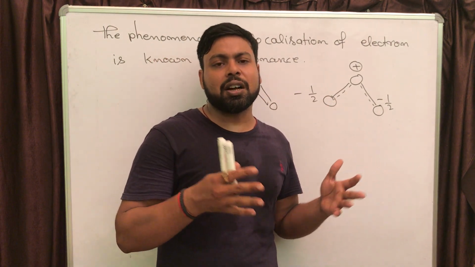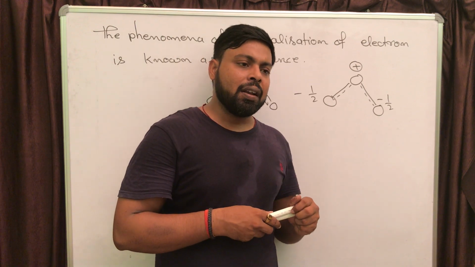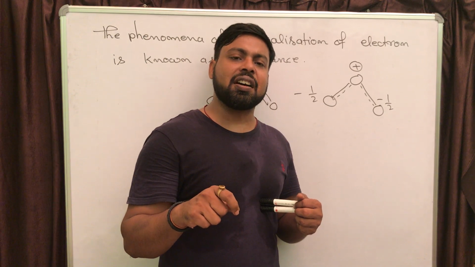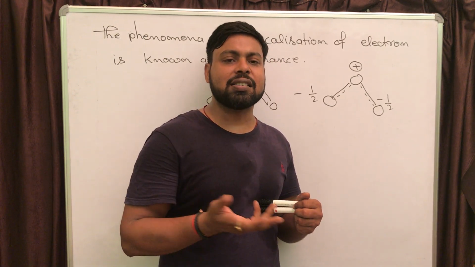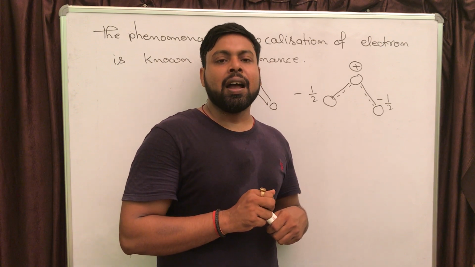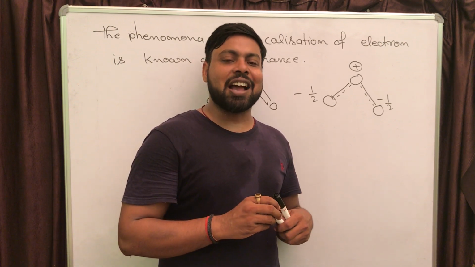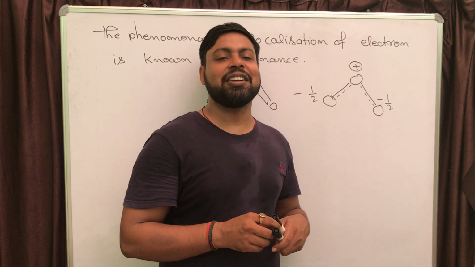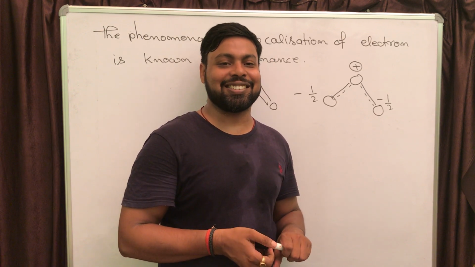In the previous class I was discussing that the electric field of concentrated charge is going to be more as compared to the electric field of spread charge. And any charge which has a stronger electric field, its stability is going to be less.